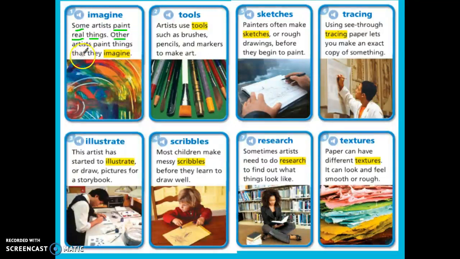Other artists paint things that they imagine. So that makes me think that real things and imagine are maybe antonyms, or mean the opposite. So I would guess imagine means something like something you make up or think up in your mind.